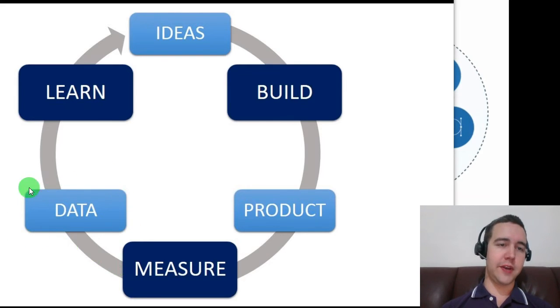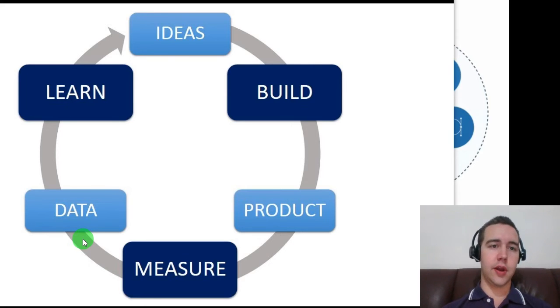Because we want to have data, and thanks to our measurements and our good planning, we are actually gathering useful data. Not just any kind of conversion data, but the data that we need so that we can say whether this test has been successful or not.